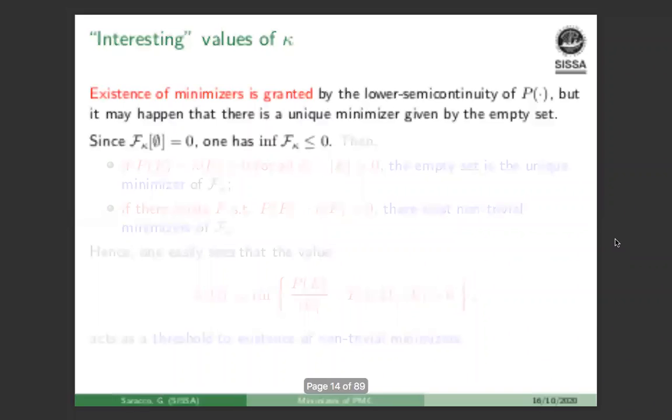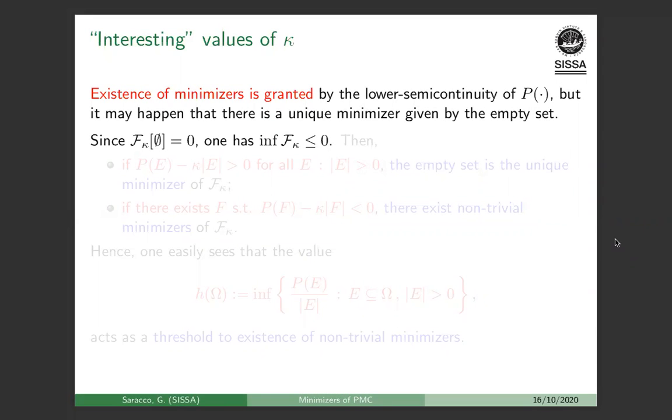Since the empty set has 0 energy, you can easily say the following. If the perimeter of E minus k times the mass of E is strictly positive for all subsets with positive mass, then you have no choice. The empty set has to be the unique minimizer.